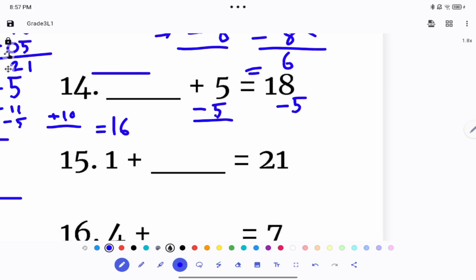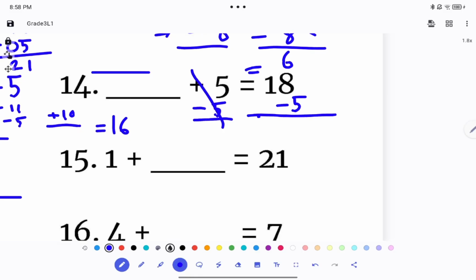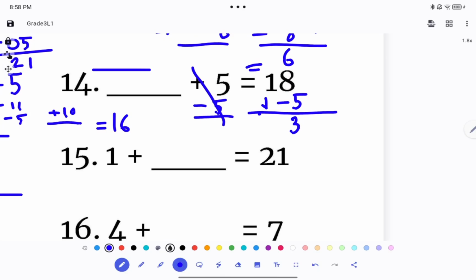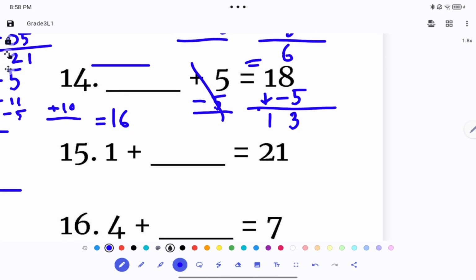Now this cancels out, so we don't need to worry about that. And 18 minus 5. Well, 8 minus 5 is relatively easy enough, which is just 3. You bring down the 1, you get 13. So you find out that this unknown number, that plus 5 is equal to 18, is really just 13. So we get 13.